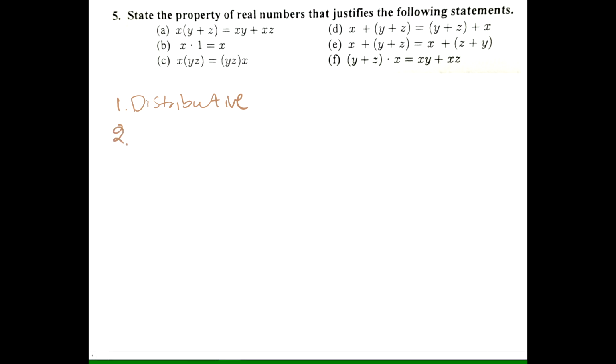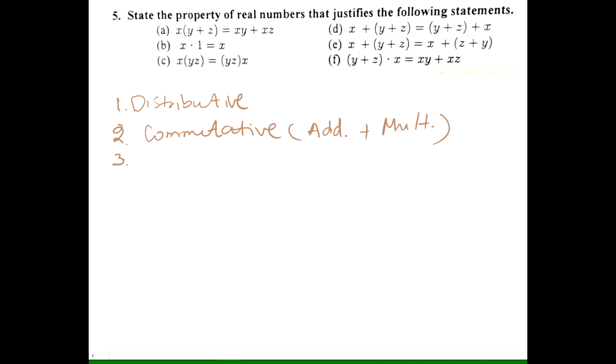Number 2, commutative property. We have the commutative property of addition and the commutative property of multiplication, and this property says that the terms commute. In other words, they just switch places.